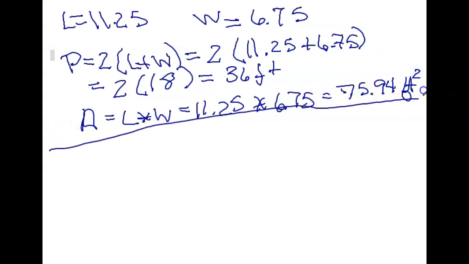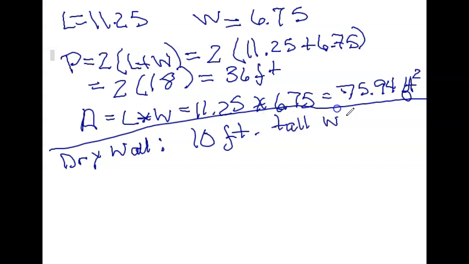All right, so we're going to take these and figure out drywall. Each room has 10-foot tall walls. So I need to think about that covered patio has 2 long walls that are 11.25 and 2 short walls that are 6.75.